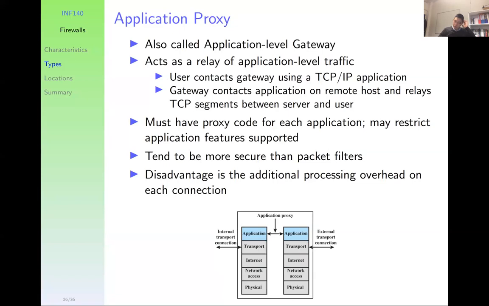Now let's look at another two types of firewalls. The first one is called Application-Proxy Firewall. Also, it's called Application Level Gateway. From the term proxy, you may guess that this type of firewall acts as a relay of application level traffic. The idea is the firewall will interpret the content of the application, the so-called application data in the IP packet.